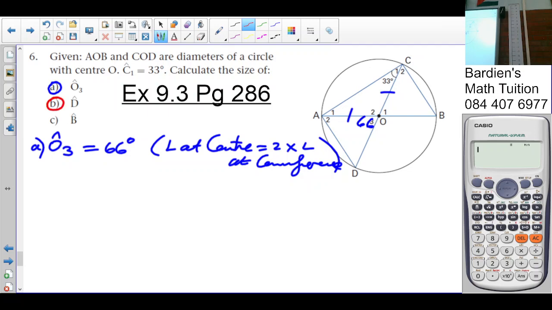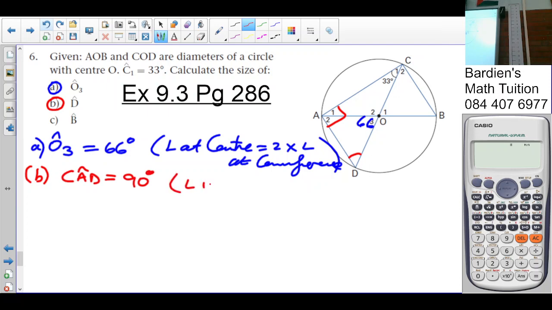Let's look at D. D is this angle here. Again, you can go with A2 is equal to angle D, angles opposite equal sides, and then sum of triangles. Or, we can say that CAD is equal to 90 degrees.